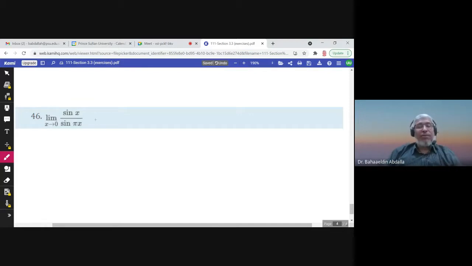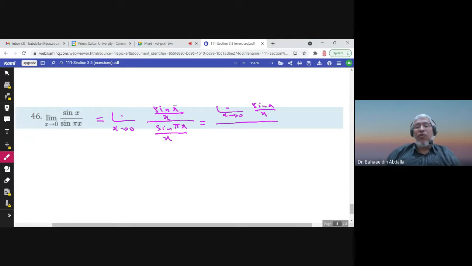Well, here I will divide the numerator and the denominator by x. And now I have the limit of the numerator over the limit of the denominator.